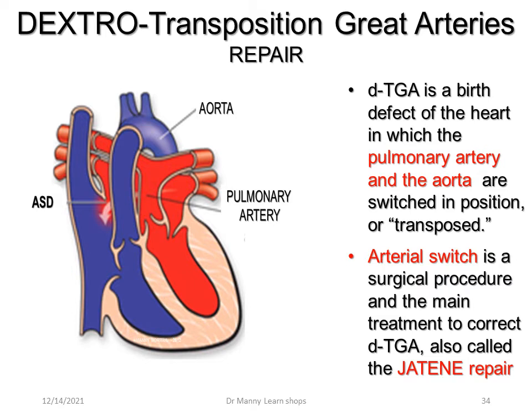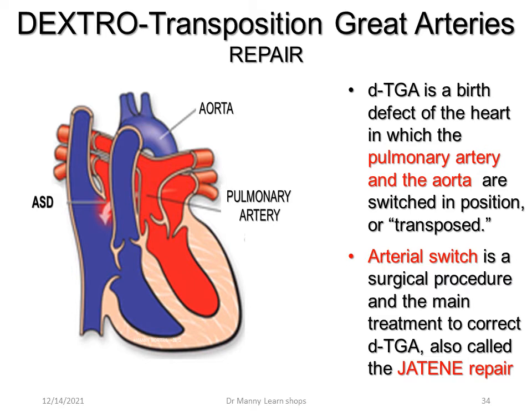So, this is now a defect where the pulmonary artery and aorta are switched in position. The aorta receives only deoxygenated blood, and the pulmonary artery only receives oxygenated blood. If there's a shunt, ASD, VSD, PDA, AVSD, then there's mixing of arterial and venous blood, and the infant can survive with medical intervention.